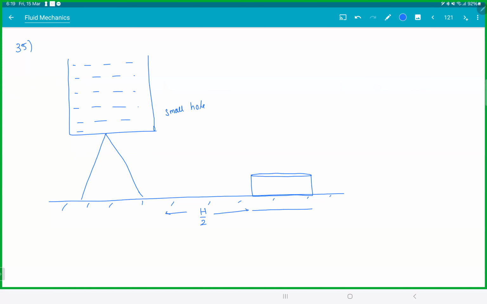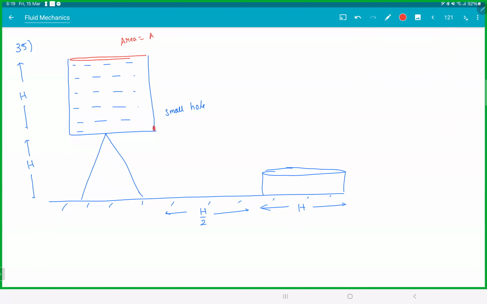There is a bucket of width h. Height of the container is h. Height of the liquid in the container is also h. And you made a hole here. The area of the container is a, cylindrical container. Now see what happens.